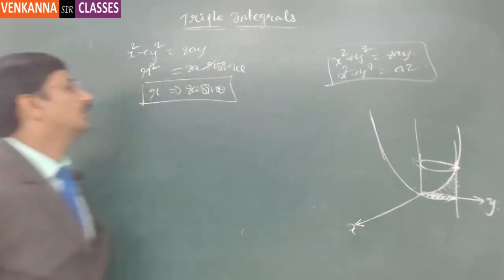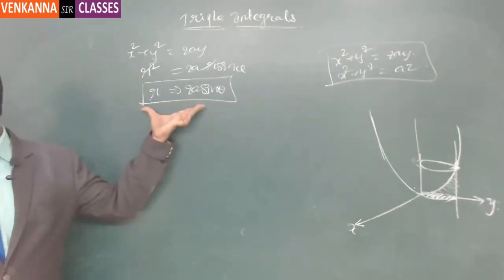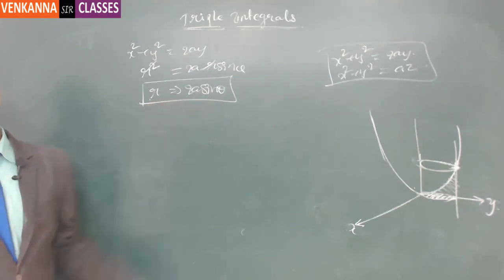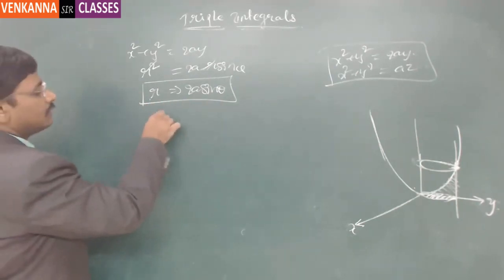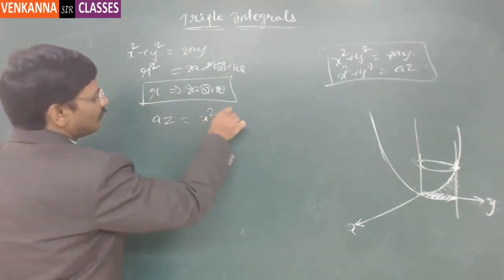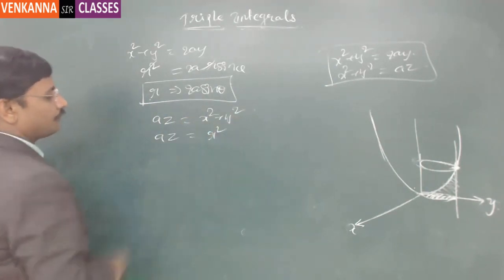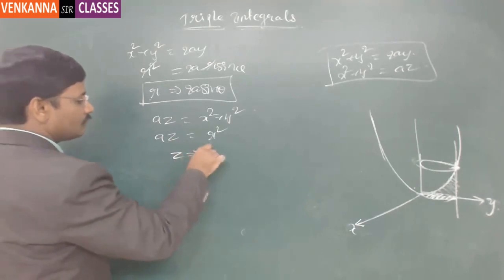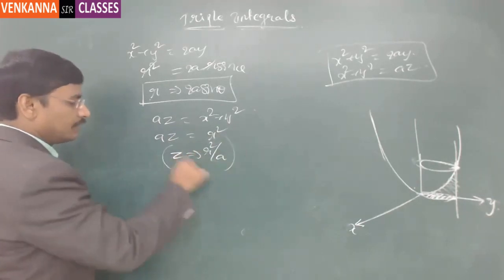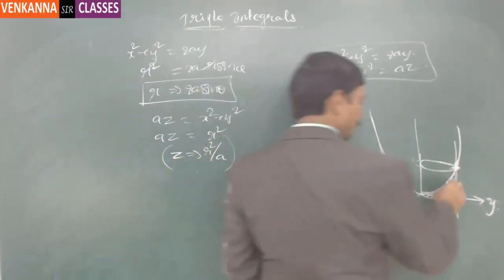Got it? Now here, this is a cylindrical shape that we have identified. In the polar coordinate system, az is equal to x square plus y square, so az is equal to r square, or z is equal to r square by a, is the limit identified by this parabola.